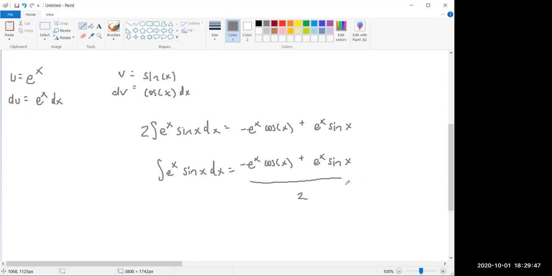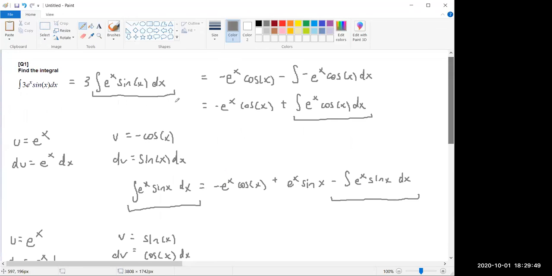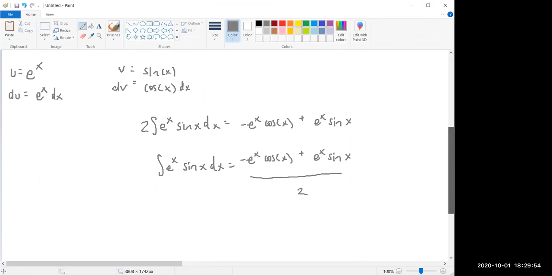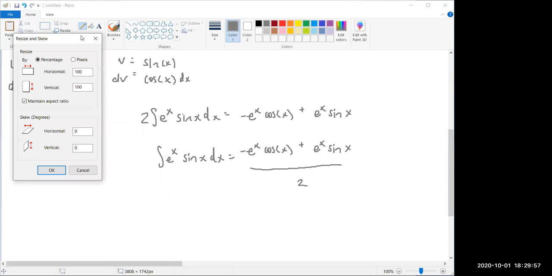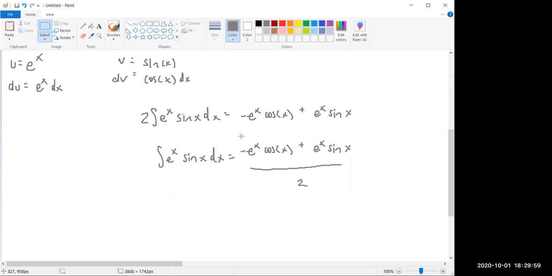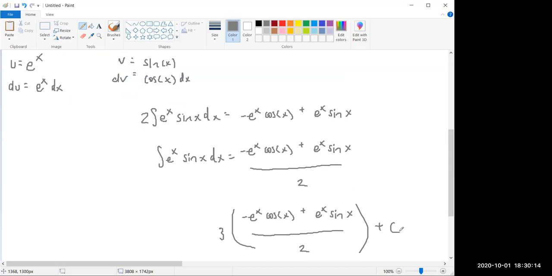We have just found the answer to this part of the question, so we just need to multiply our answer by 3. So our final answer is 3 times all of this plus c. All right, so that's that question.